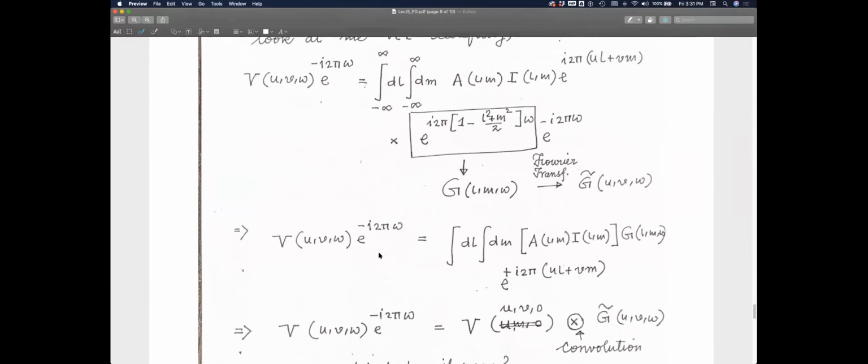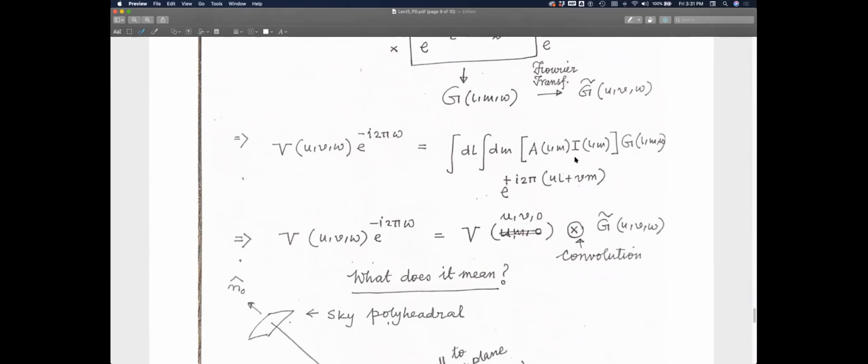And I call this G, which is a function of l, m, and w. So I can write this now as a multiplication of A times I, which is always there, times this G, which is a function of l, m, and w. And then I have only the Fourier transform kernel. So this quantity in the left is now actually a Fourier transform of A I times G. So I can write it as a convolution of the Fourier transform of A I and the Fourier transform of G, which I write as G tilde.